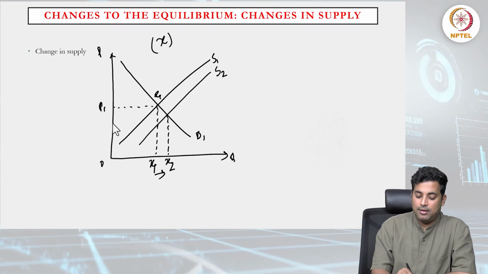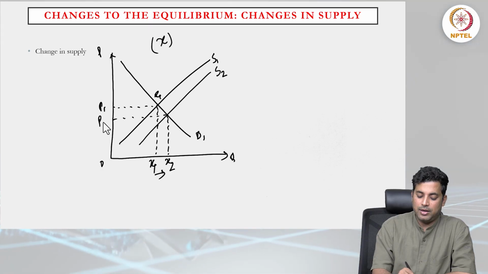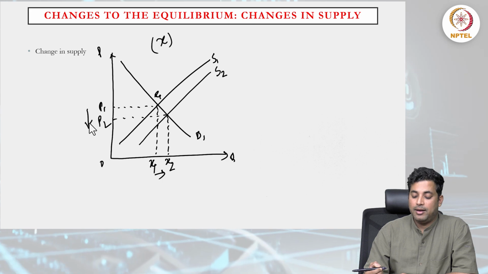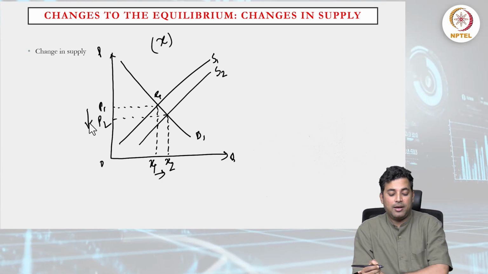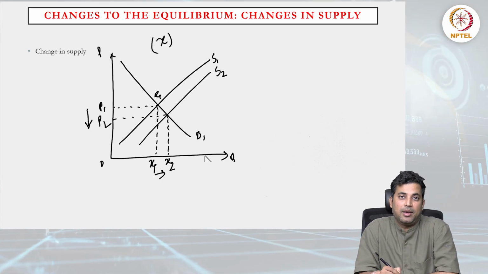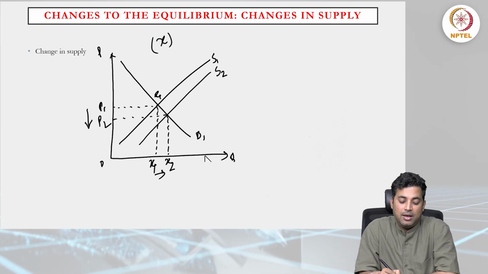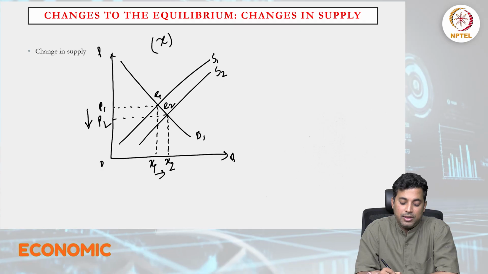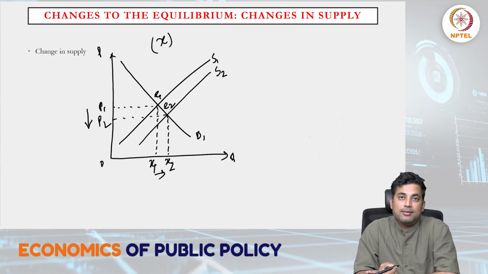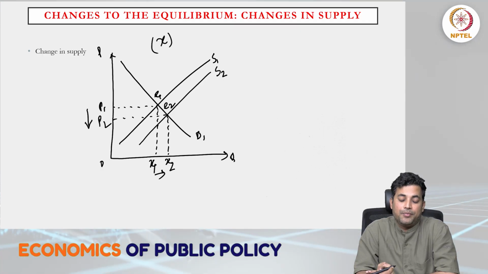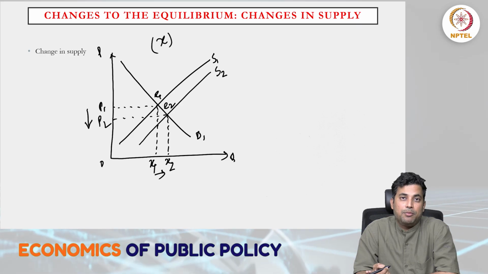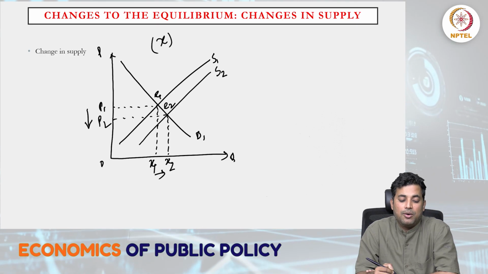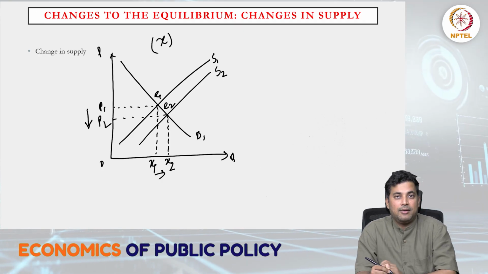Excess supply will create downward pressure on the price. If there is more supply in the market and demand stays constant, the market equilibrium will move downward, and as a result excess commodity will be produced, which creates downward pressure on the price. This is how equilibrium changes in the market.